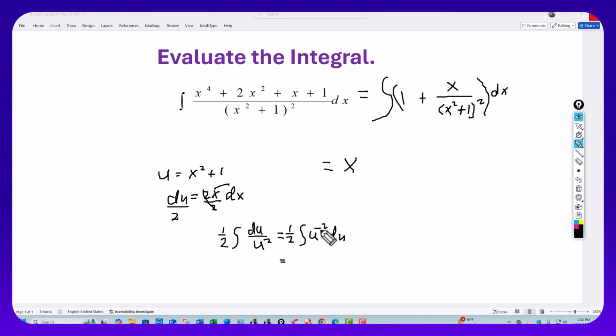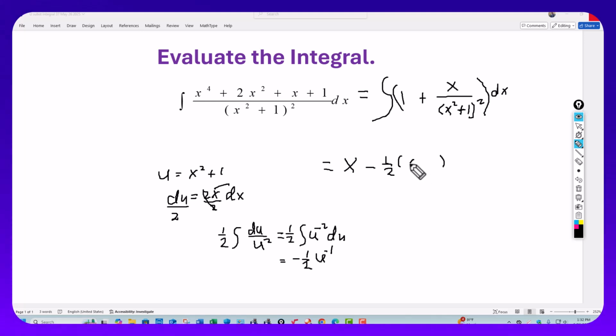So add 1 to the negative 2, we get negative 1, divide. This will give us a negative 1/2 here. This is u to the negative 1. Again, adding 1 to the negative 2, we get negative 1, and divide the coefficient by that, we get negative 1/2. So this is going to be a minus 1/2 here, u to the negative 1.